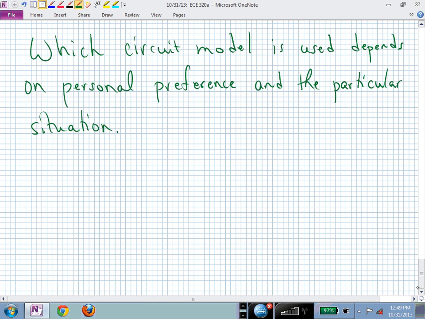If you have a bunch of meshes, then you say, I really do want to write some KVL equations. Then you're going to be opting for the 2 series combinations where you have voltage sources that incorporate your initial condition.